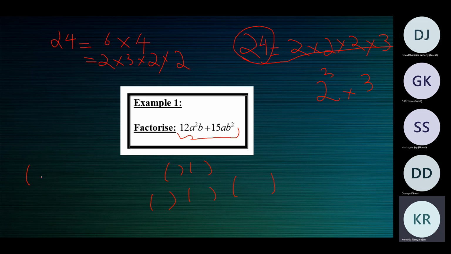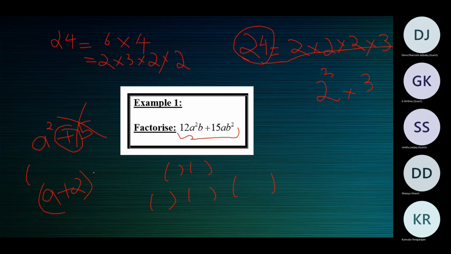Your answer should not be, if supposing you factorize and you say my answer is a square plus 5, it's wrong, because this plus sign cannot happen if you factorize. The answer should be like, for example, a plus 2 into b minus 3, product of factors.